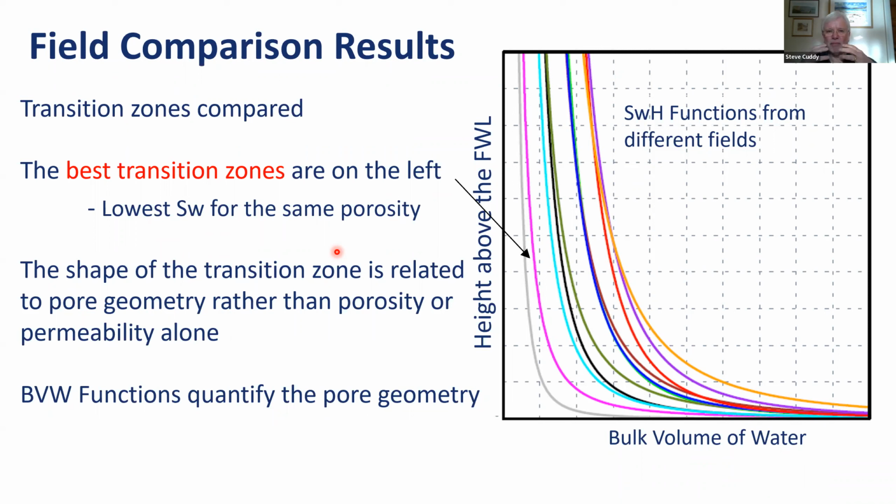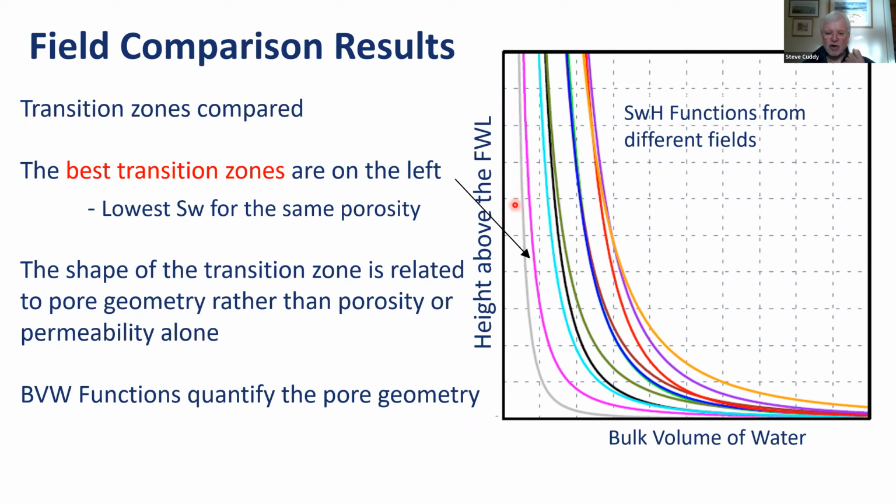You want to have great permeability, because that is a conduit to getting the hydrocarbon out of the reservoir. But also, you would like to see a transition zone, which is off to the left here. These colors represent the colors on the previous slide. So the transition zones are very different for these wells, and what we'd like to see is one over to the left in the ideal field.